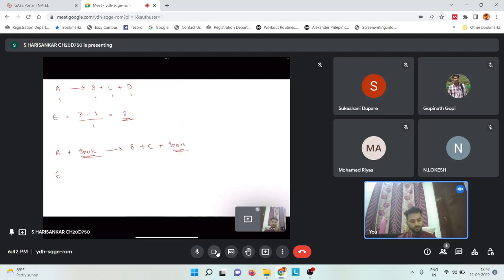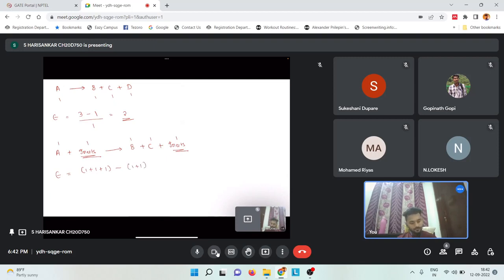Okay. So when we try to do the epsilon here, 1 mole of A, and let's say we take 1 mole of inerts, give us 1 mole of B and 1 mole of C, and this inert doesn't react, so 1 mole of inerts here as well. Now, if we write the epsilon, it is the sum of moles of products, which is 1 plus 1 plus 1, minus the total moles of the feed, that is 1 plus 1.